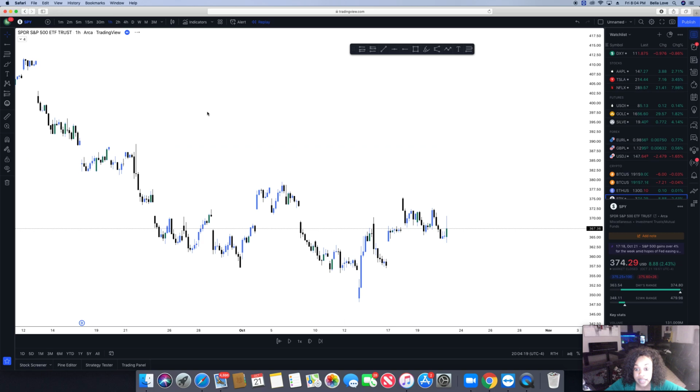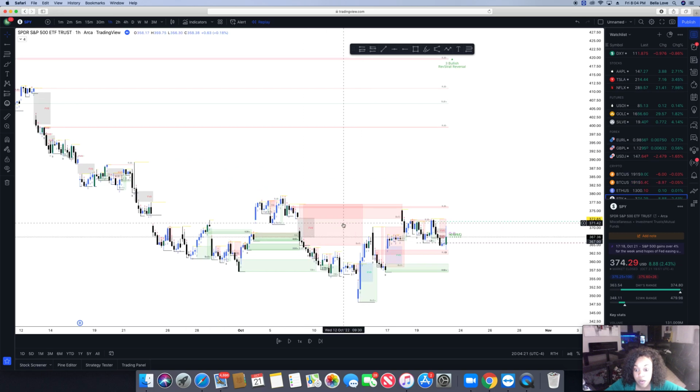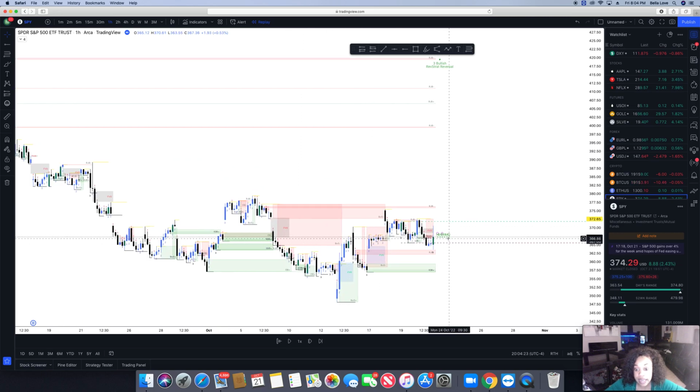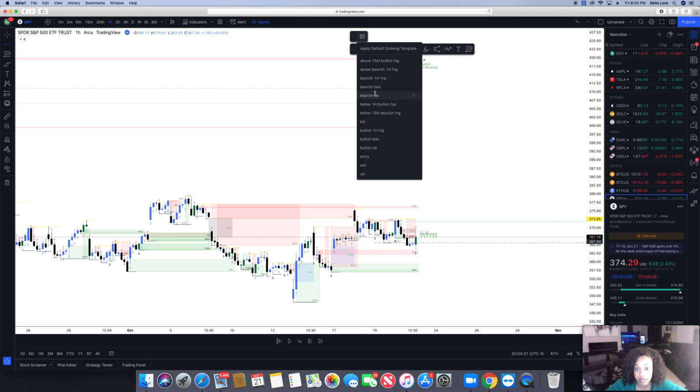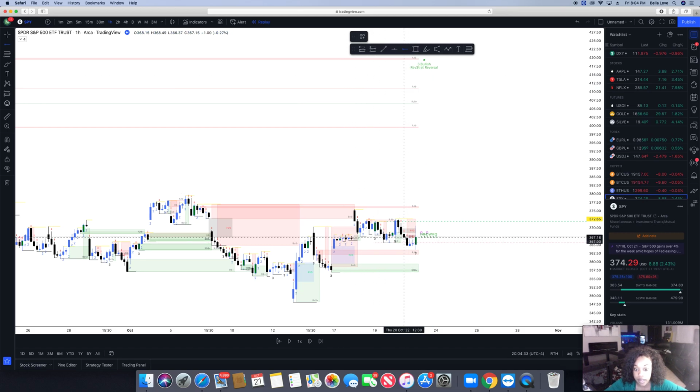I went to a higher time frame, started from a 1 hour chart. I seen how SPY was rejecting from a bearish break of structure. So let's put this here. There was a bearish break of structure starting from 360. There was a bearish break of structure starting from 370.